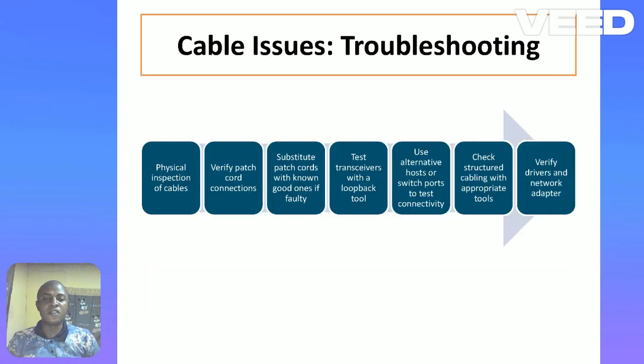So we have cable issue troubleshooting. How do you troubleshoot your cable issues? From here now, you see different types of cable. In the first place, you try to do the practical, and after practically grouping the tools together, you verify the patch panel and then one of their mode and the configuration.